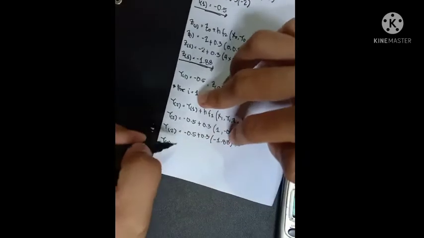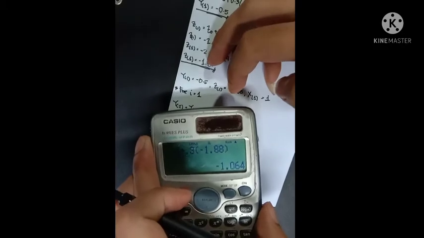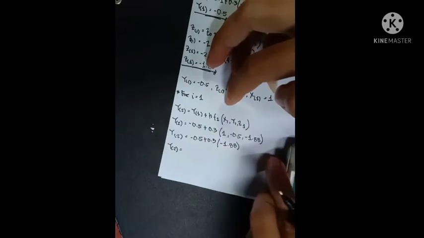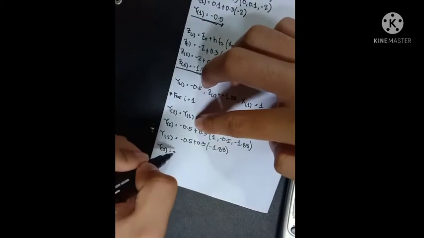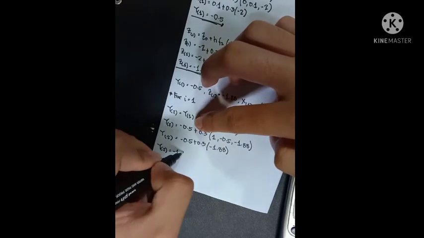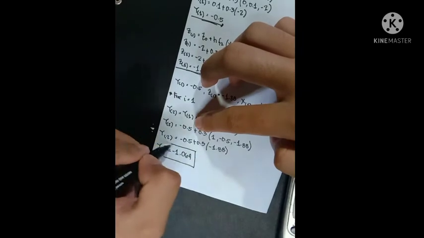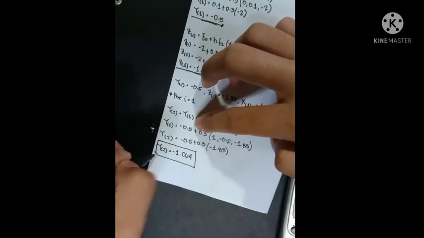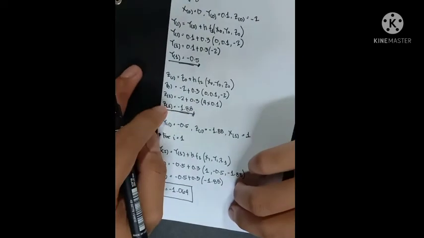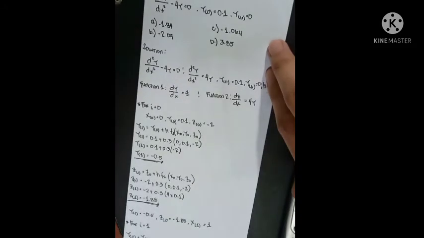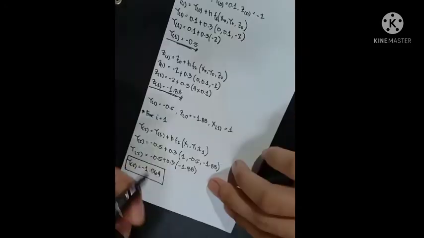So we have the value of negative 1.064. Here's the value of our y2 in the first iteration. So our answer is letter C.